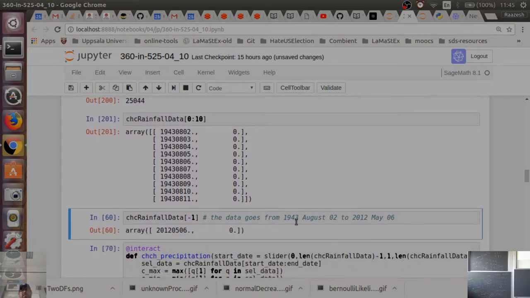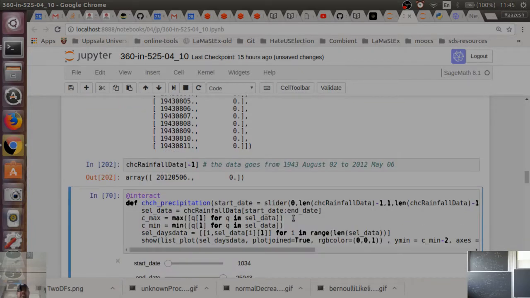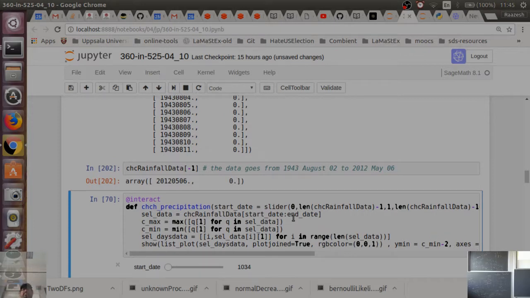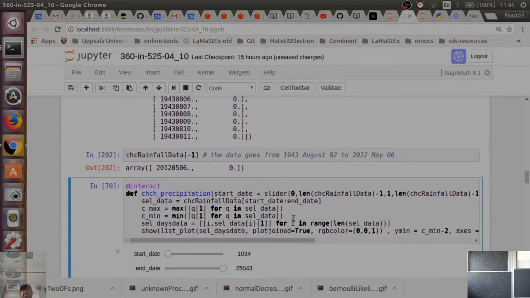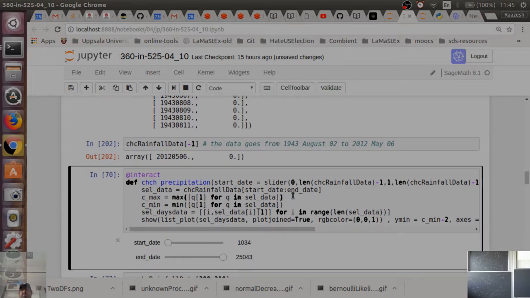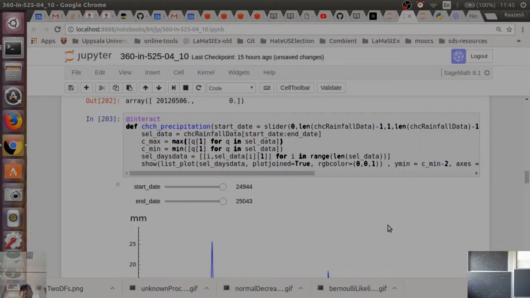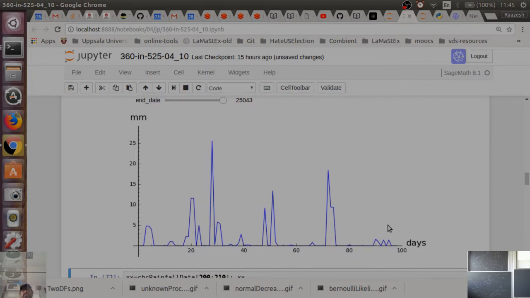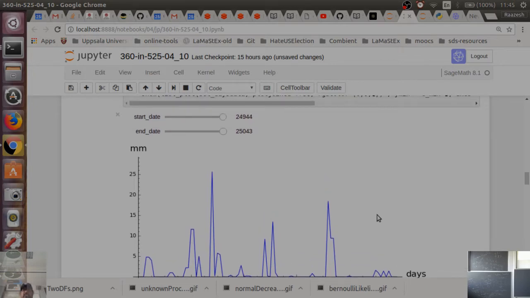And the last one stops at May 6th, 2012. It gives you the precipitation, rainfall in millimeters.